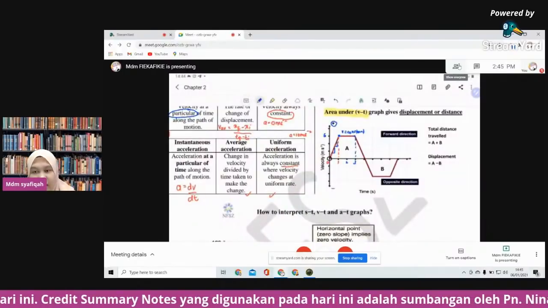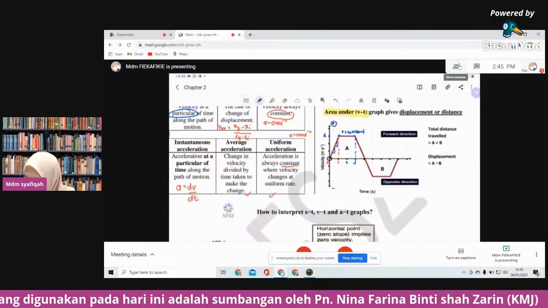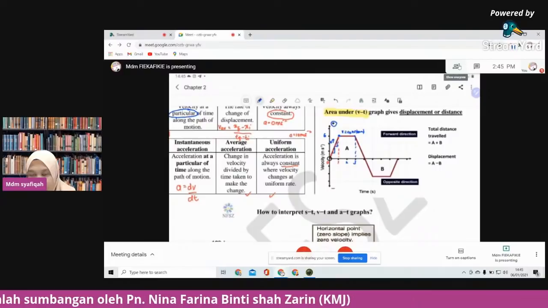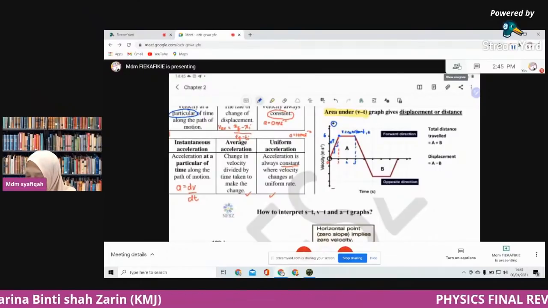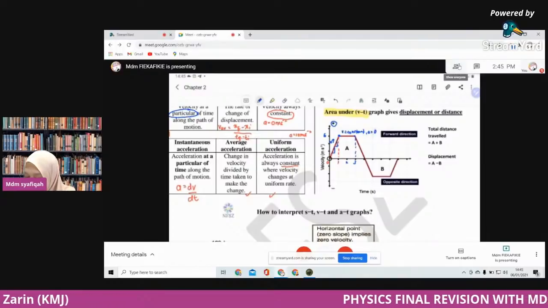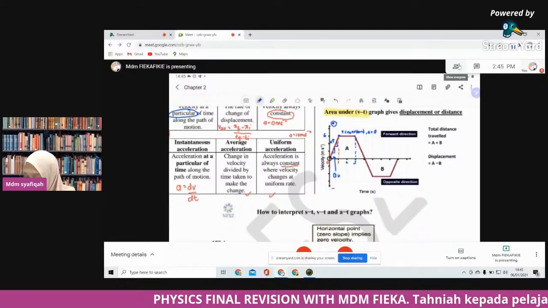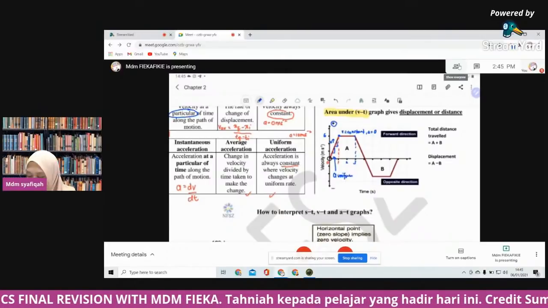You must know this from chapter 2, graphs. So here V is increasing in positive direction, here V is constant. So when V is constant, yes, now A is equal to 0. Whereas here just now, A is not equal to 0, A is uniform. The acceleration is uniform. And how about this one?